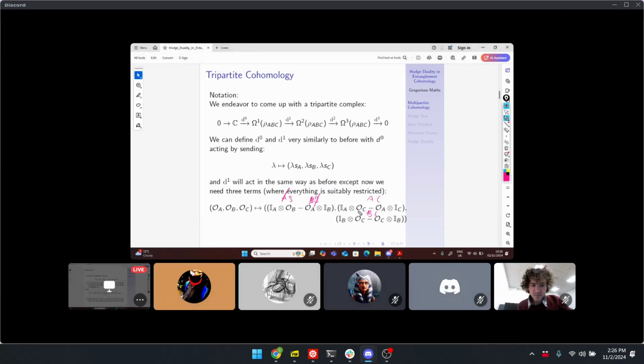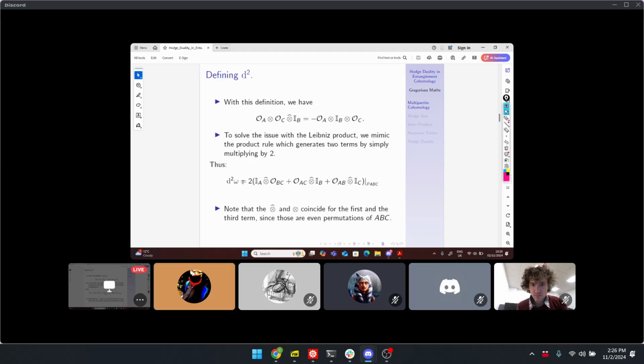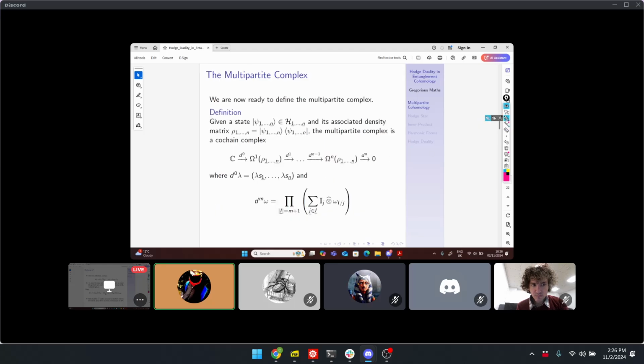And then we just do that for all the different possible combinations, and we put them all together into a tuple, into a Cartesian product. And as Furco points out, there is also a factor of m that we multiply by in order to satisfy the Leibniz rule and mimic the product rule. And that is our definition of the multipartite complex.